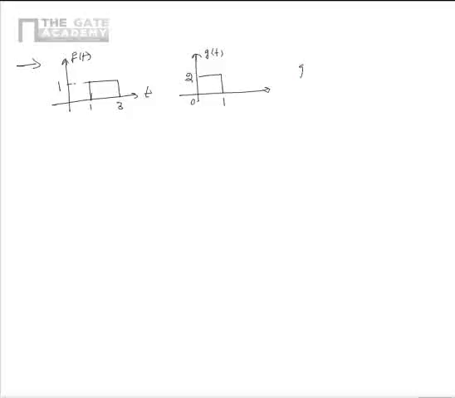We have to find g(t) in terms of f(t). To get the same, first advance f(t) by 1, then we get f(t+1) as shown in the figure, which would be in the period of 0 to 2 and it has an amplitude of 1.